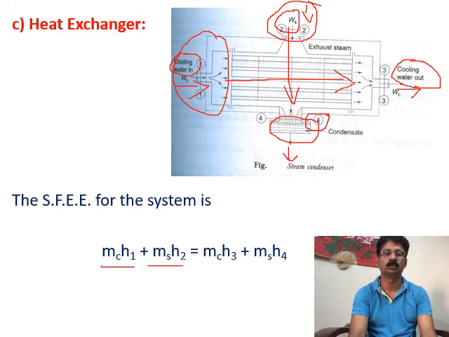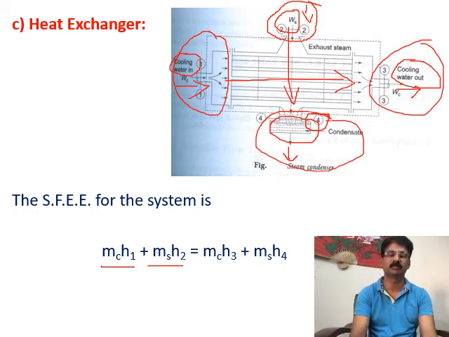These two should be equal to what is leaving here and what is coming out here, because what is given by one substance is absorbed by the other. So mC h3 plus mS h4 is equal to mC h1 plus mS h2.